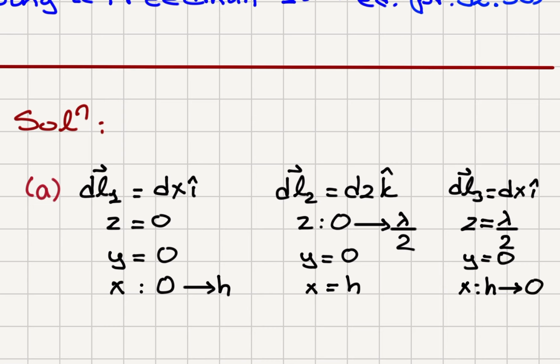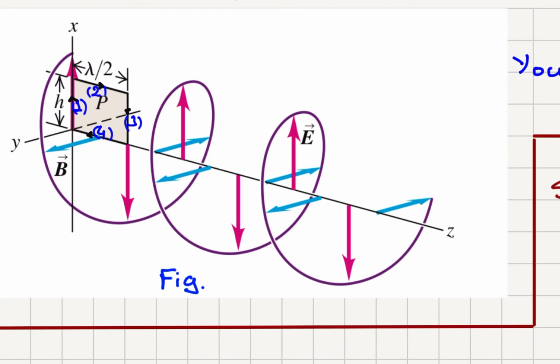And for the fourth one, z goes from lambda over 2 to 0, but x is equal to 0.